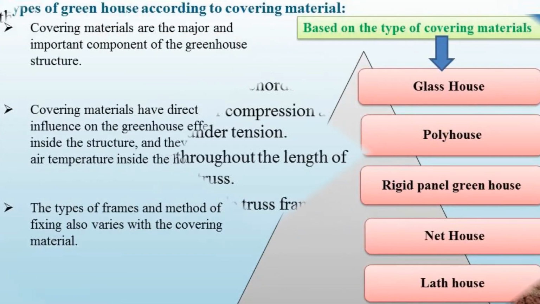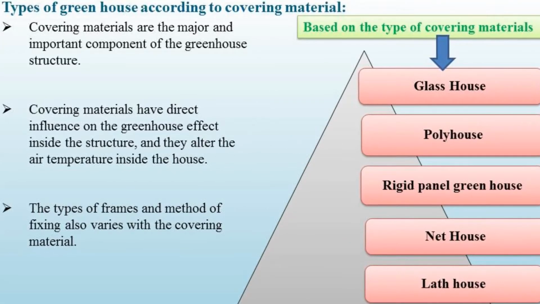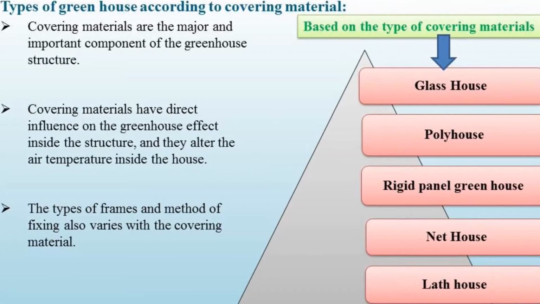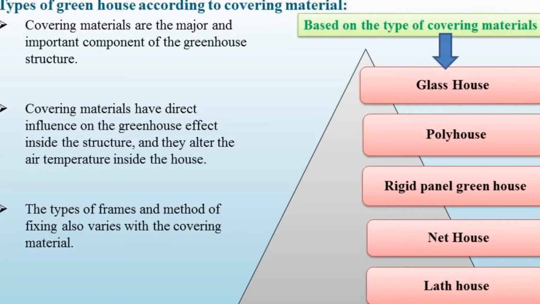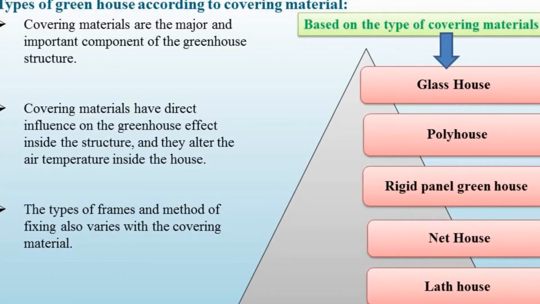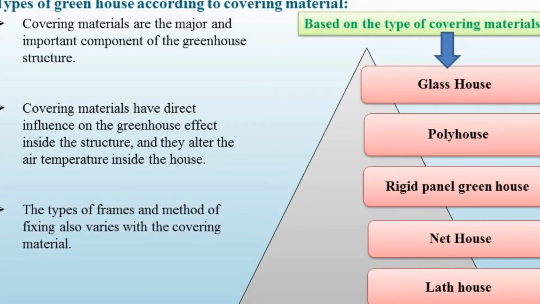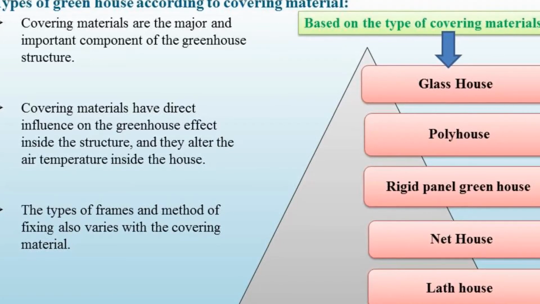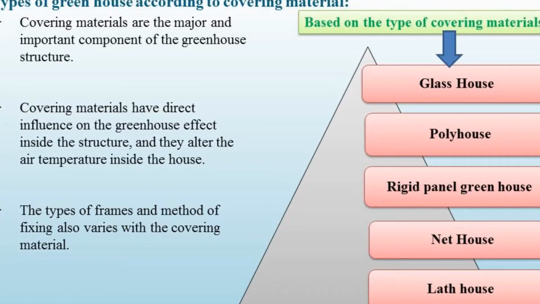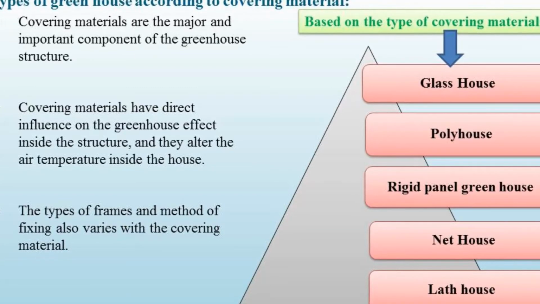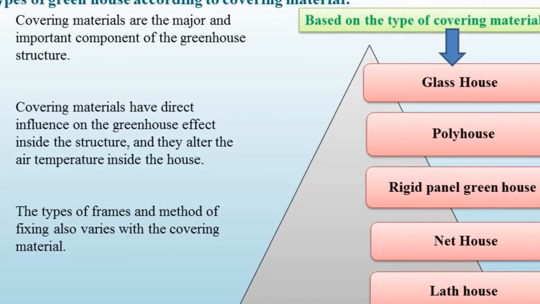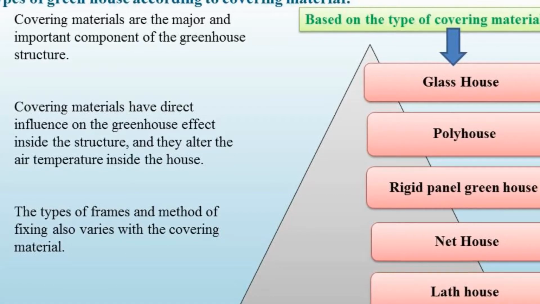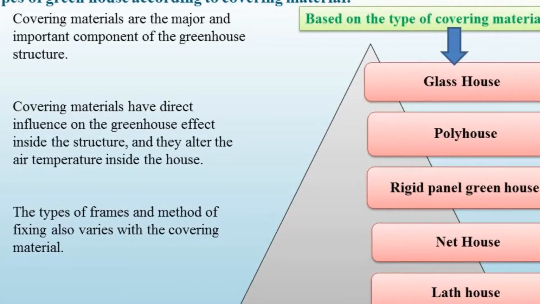Then let's discuss types of greenhouse according to covering material. Covering materials are one of the major and important components of greenhouse structures. Covering materials have a direct influence on the greenhouse effect inside the polyhouse because they alter the air temperature inside the structures.